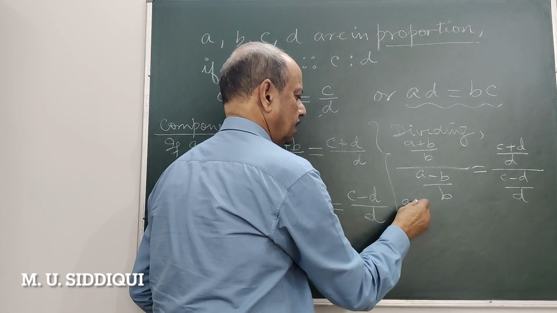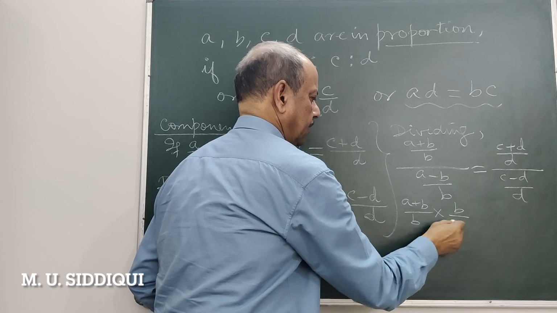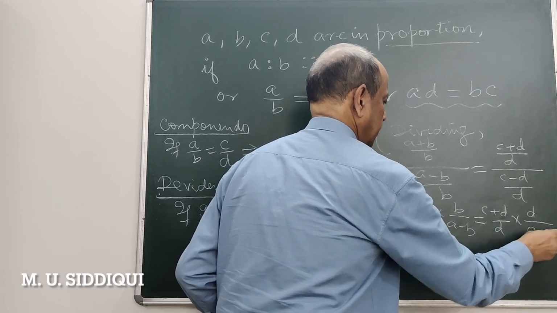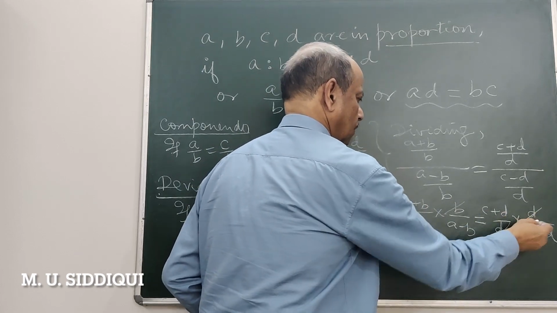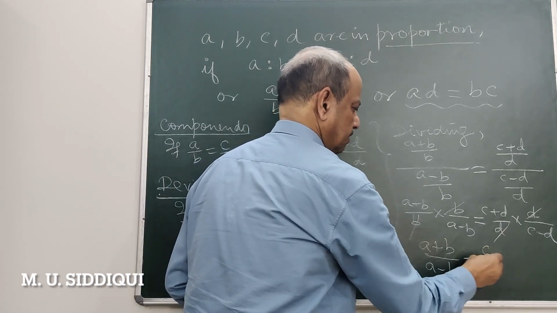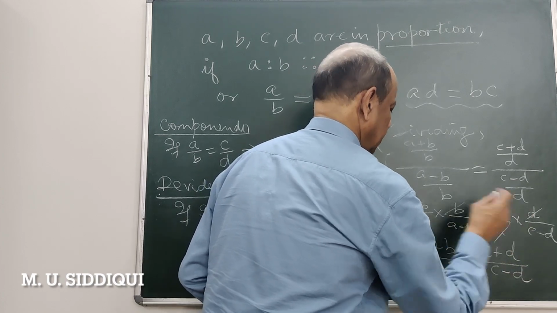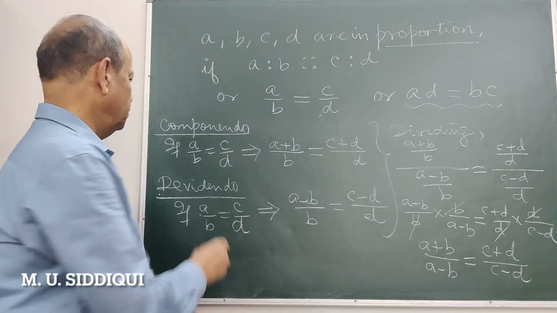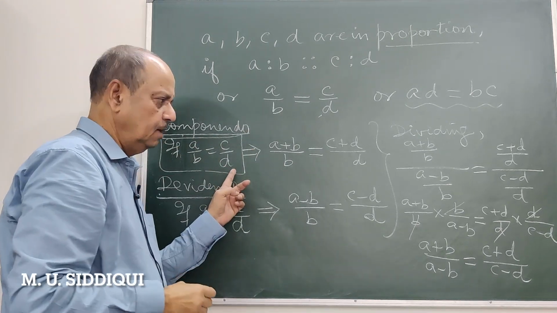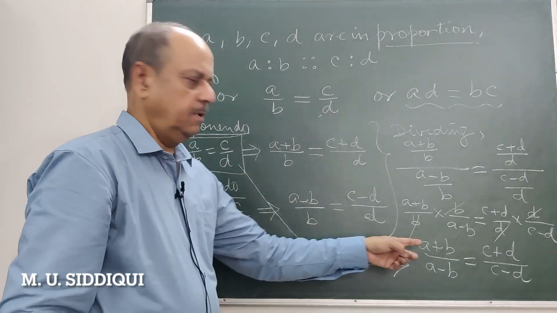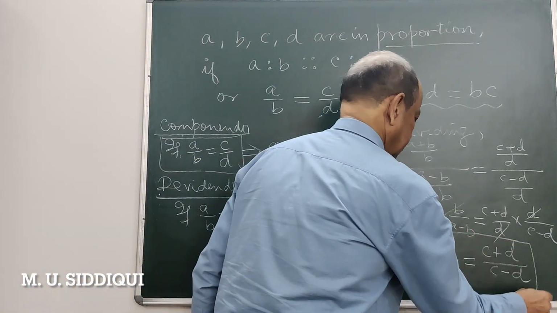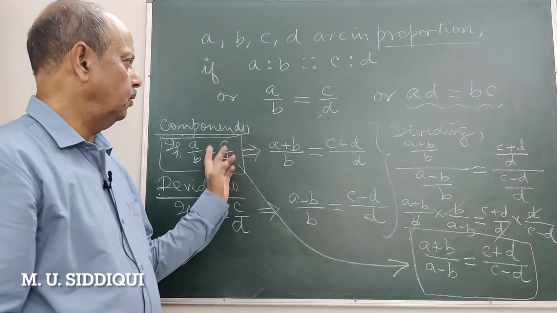A plus B upon B multiplied by B upon A minus B on the left side, and on the right C plus D upon D, D upon C minus D. This B cancels from here, this D cancels from here, and you get A plus B upon A minus B equal to C plus D upon C minus D. So this is the final statement: if A upon B is equal to C upon D, then A plus B upon A minus B will be equal to C plus D upon C minus D. This final statement is called Componendo and Dividendo.